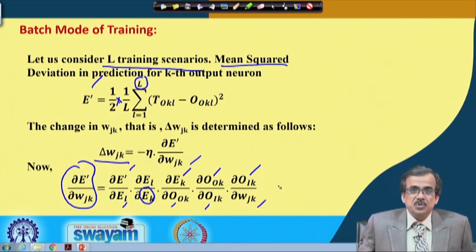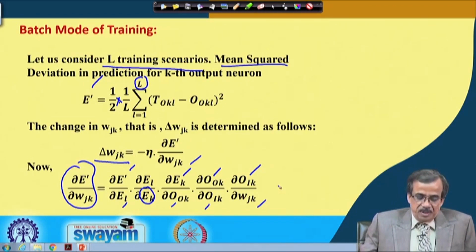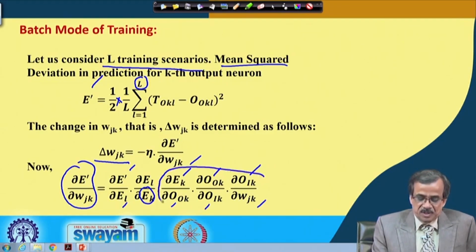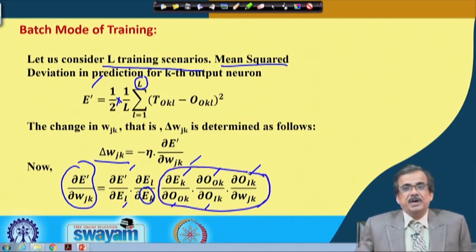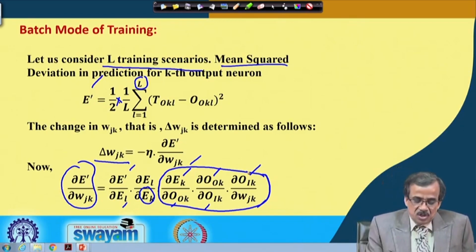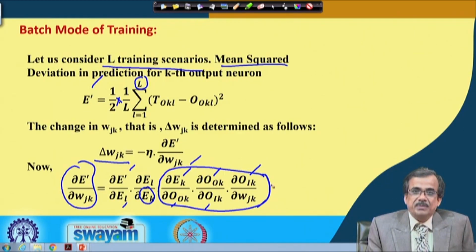Now, here I just want to mention one thing. Regarding the last three terms, we can find out some numerical values if we assign some numerical values.